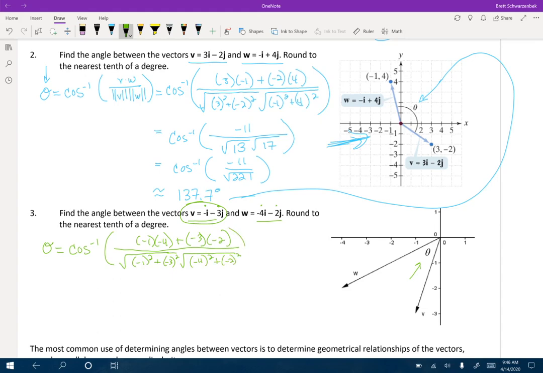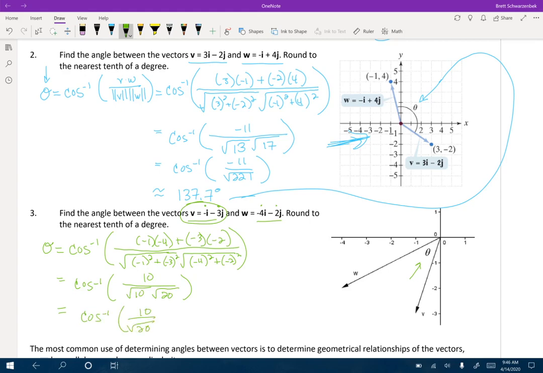So we end up with this big hodgepodge. So we have to find these values. It looks like the top is going to end up being 4 and 6 is 10. In the denominator, we're going to get the square root of 1 and 9 is 10. Over here, 16 and 4 is 20. So we'll get the cosine inverse of 10 over root 200.